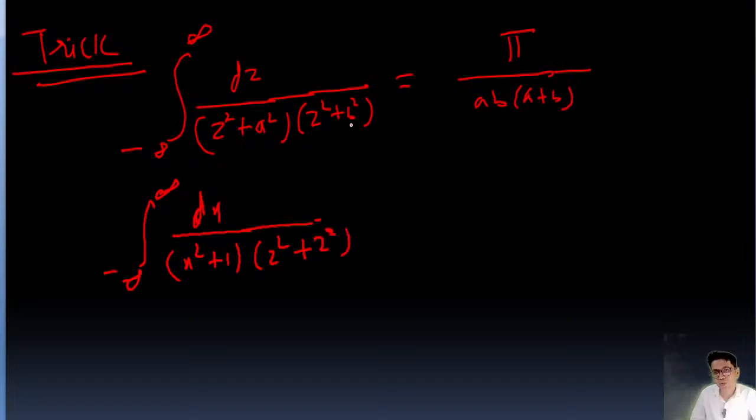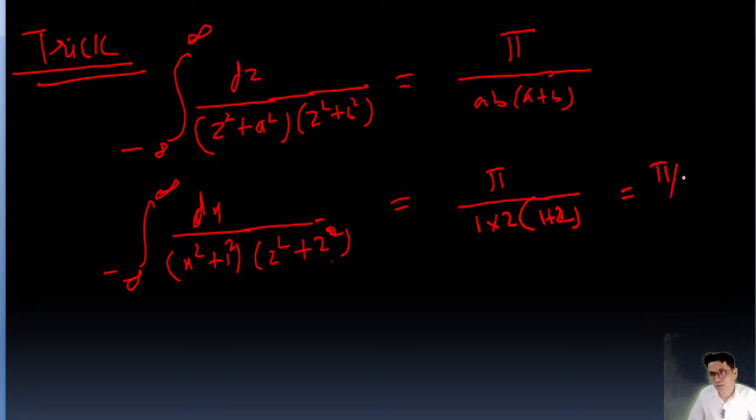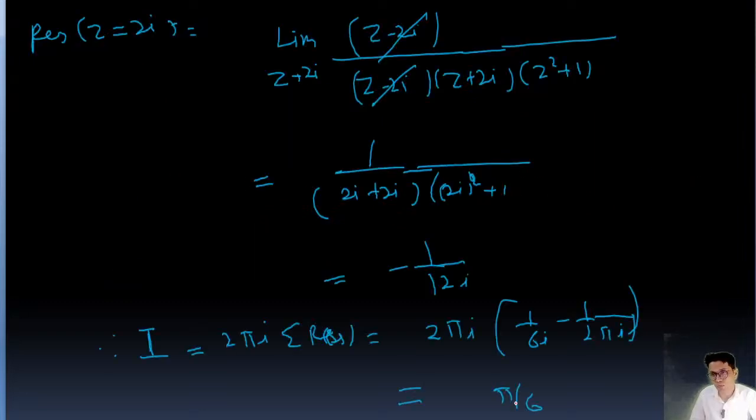So the integral of dz upon (z square plus a square)(z square plus b square) is going to be pi upon ab into (a plus b). Here a is 1 and b is 2, so 1 into 2 into (1 plus 2). So this is going to be pi by 6.